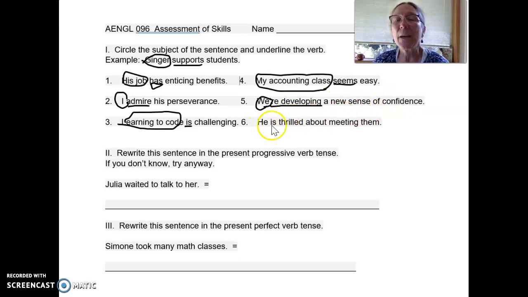One more. He is thrilled about meeting them. How many verbs are in here? Guess what? This is the only verb, is. Can you believe it? Well, let's check. He was thrilled about meeting them. He is. He will be thrilled about meeting them. The only word that's changing in this sentence when we change the time is.